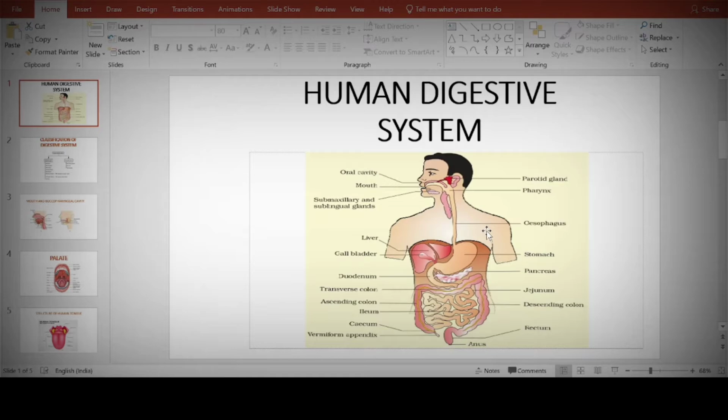I am Priyaranjan Kumar, one of the members of the biology faculty of your own CJAN platform. We will first be starting with a very important topic of NEET, human physiology. And in human physiology we will start with the very first and basic part, that is your human digestive system.